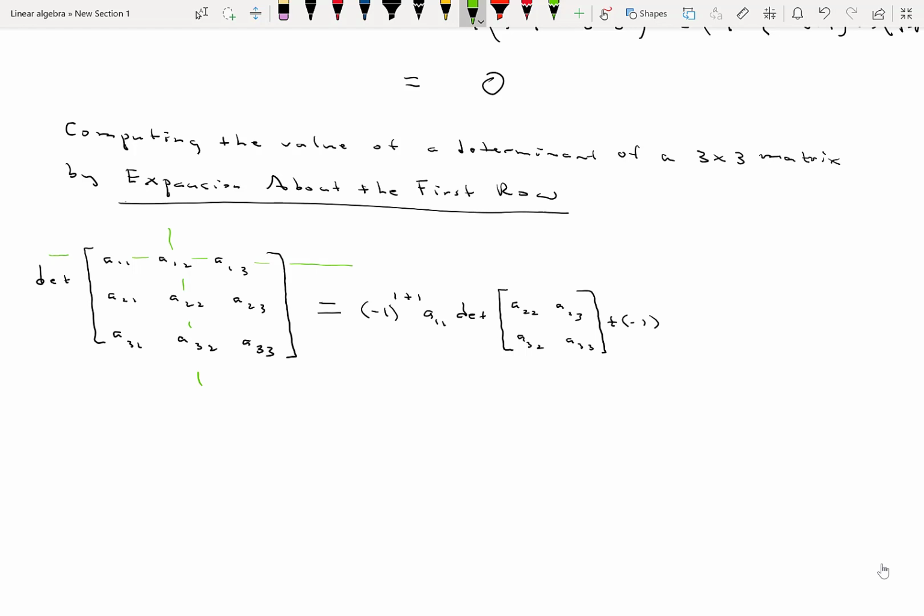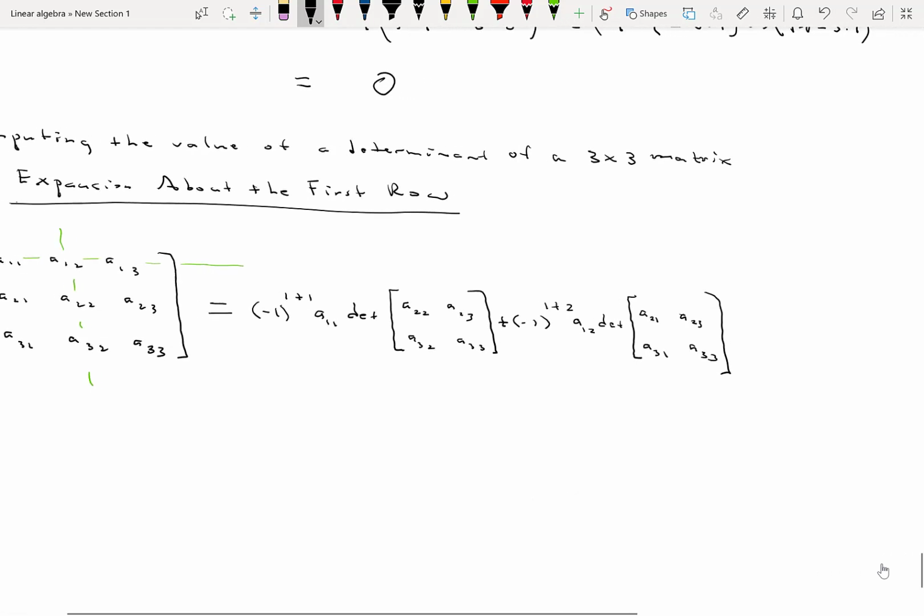So it's going to be -1 raised to the first row, 1, plus now second column, times A12, times the determinant of the matrix formed by the entries that don't have lines through them anymore. So A21, A23, A31, A33. So you see how this is formed, I think.